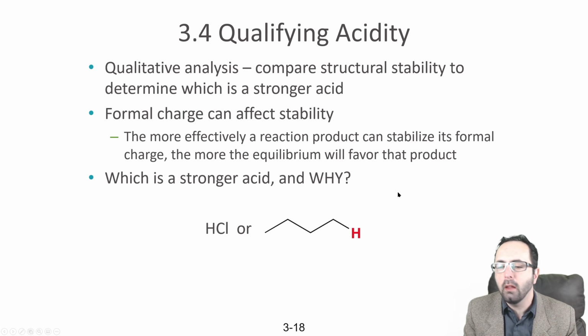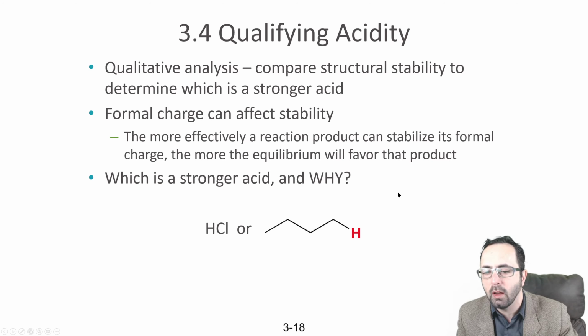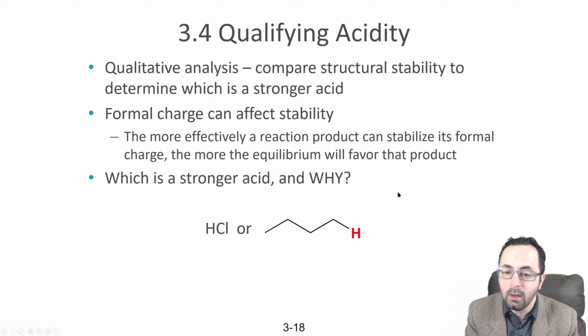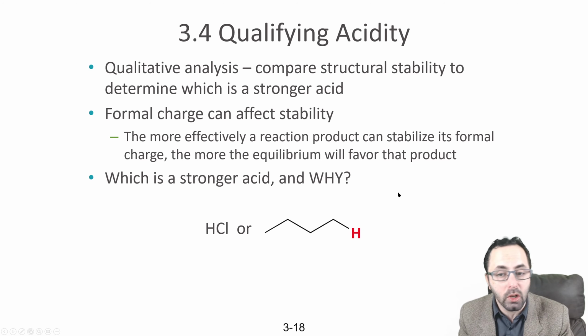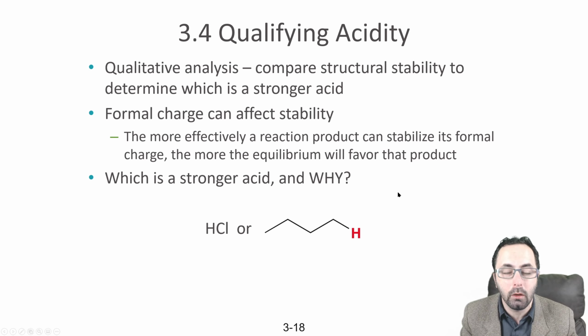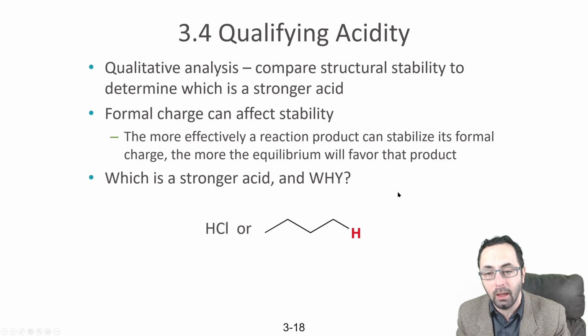So now that we've discussed the basics of how to compare acids in a quantitative way using pKa's and how that relates to the equilibria, we're going to next talk about how we can compare the relative acidity of acids even if we don't have the pKa's that were determined experimentally.